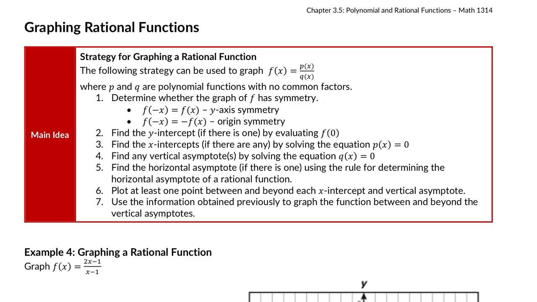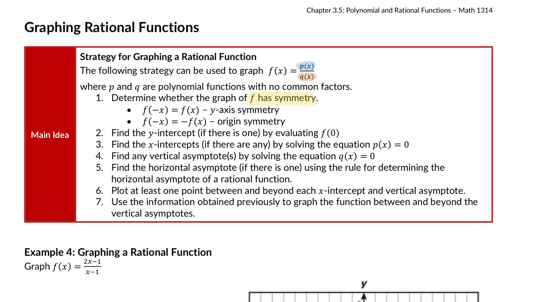Here's our strategy, our algorithm that we're going to use to graph some rational functions. Now again, our rational functions are made up of a polynomial on the top and a polynomial on the bottom. That color code is going to be important. The first thing you're going to do is determine whether the graph has any sort of symmetry. Yellow on purpose.